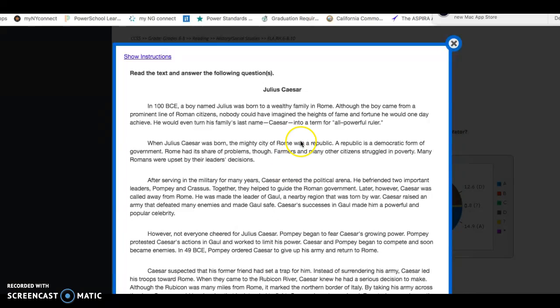We reviewed this reading, and early in the reading, it's noted that when Julius Caesar was born, the mighty city of Rome was a republic, and it explains that a republic was a democratic form of government. Okay, so that's established in the beginning of the reading.